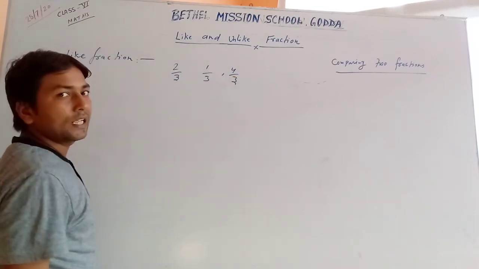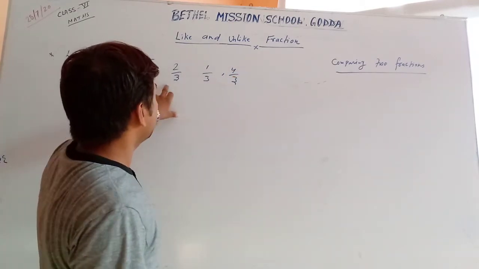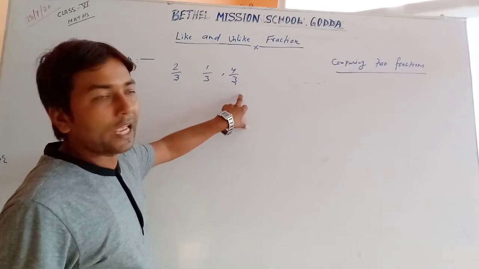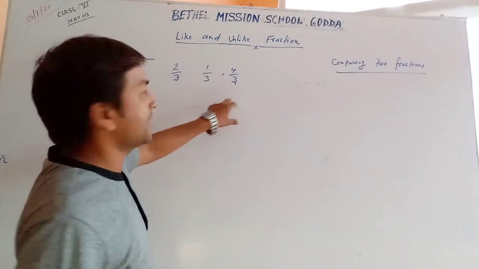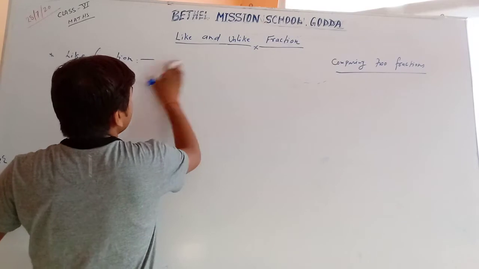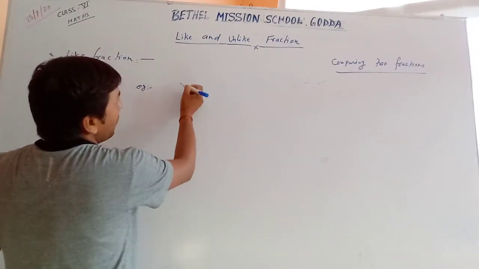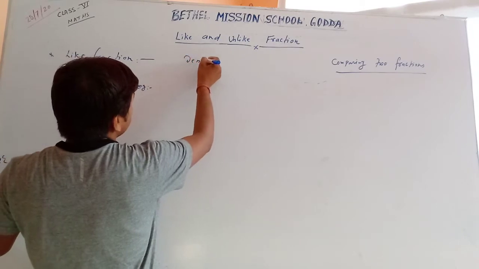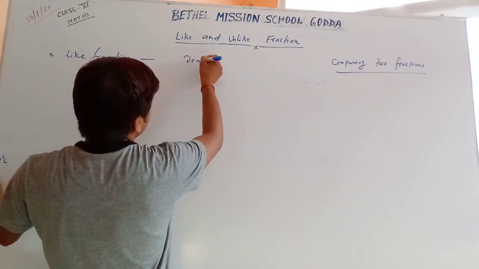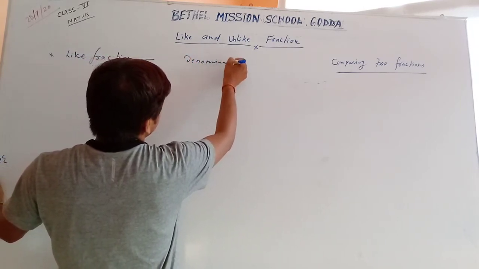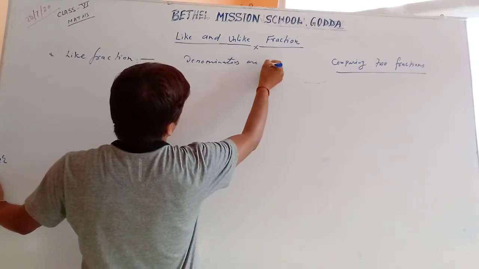These are like fractions because they have the same denominators. Another example: like fractions are those where the denominators are equal.